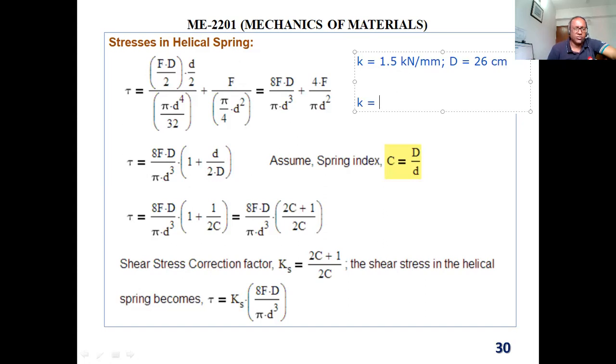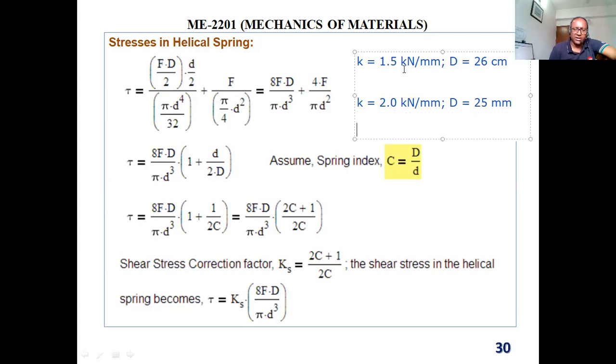After you look at the catalog, we found this one. K equal to 2 kilonewton per millimeter, and the diameter of the spring you are getting is 25 millimeter.